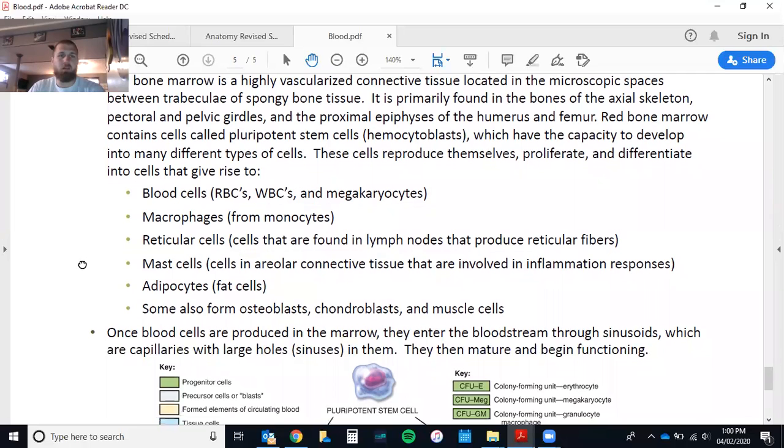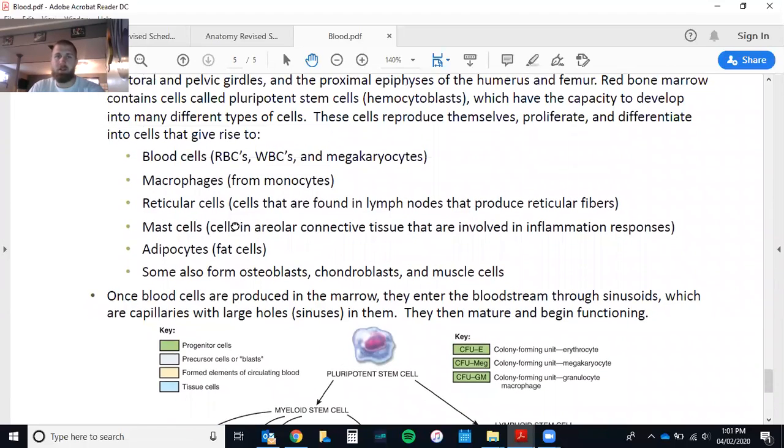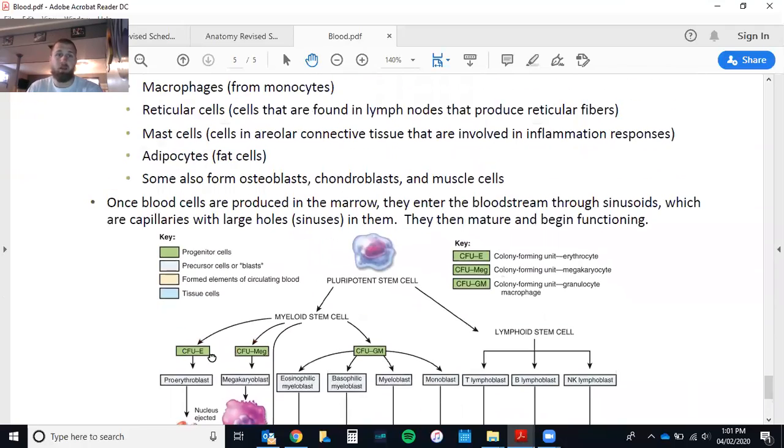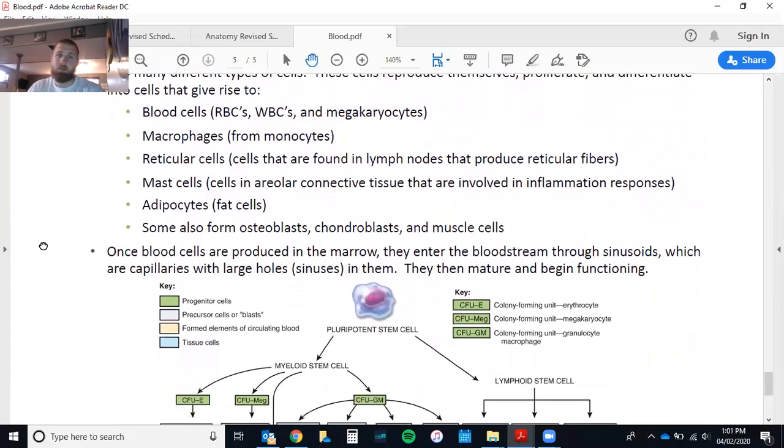Red bone marrow contains cells called pluripotent stem cells or hemocytoblasts, which is what this cell is here, which then has the capacity to develop into many different types of cells, which you can see all these different boxes right here represent. Okay? These cells then reproduce, proliferate, and differentiate into many different types of cells.